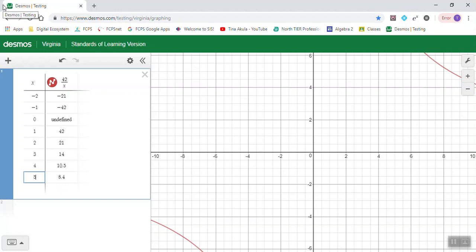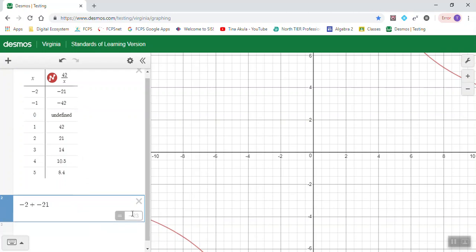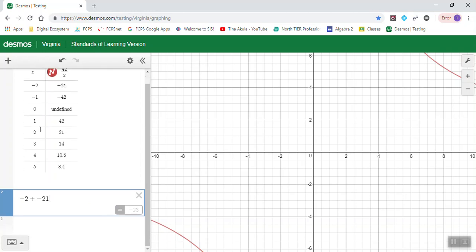This is a good way to find the numbers. Now keep in mind, what is it that we're trying to find? We're trying to find two numbers that add together to give me negative 13. So you can go, well, negative 2 plus negative 21. Is that negative 13? No, it isn't. What else? I know I'm looking for a negative number, so let me see.